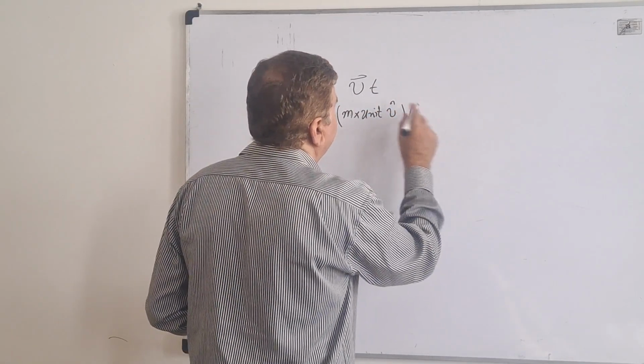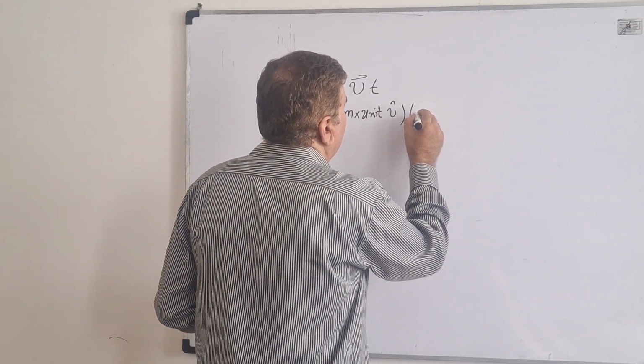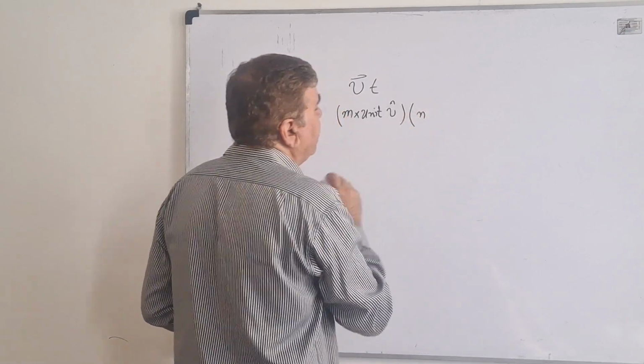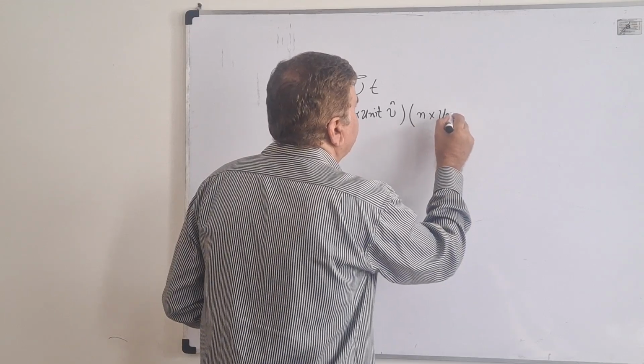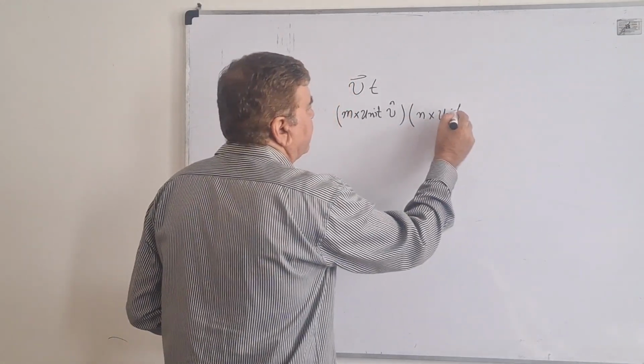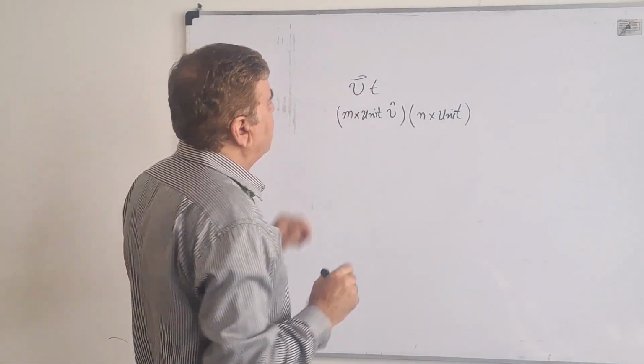The scalar can be represented by two entities, by two things. One I call a number, which I write as n, and the other is its unit, which I write as unit of time. Now, what happens when we multiply a vector by a scalar?